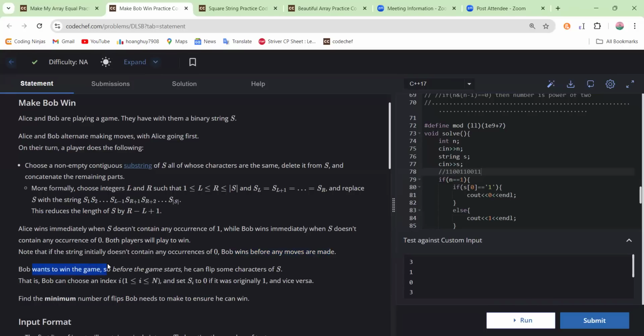So Bob wants to win the game. Before the game starts, he can flip some characters of S. You need to find out the minimum number of flips Bob needs to make to ensure that he can win. Okay, so let's understand what the question says.